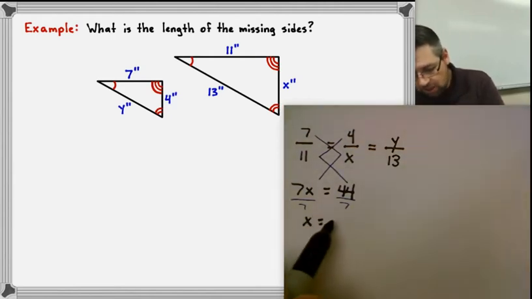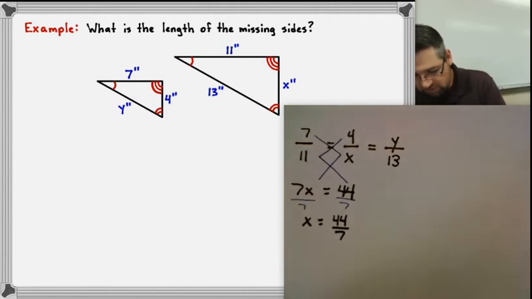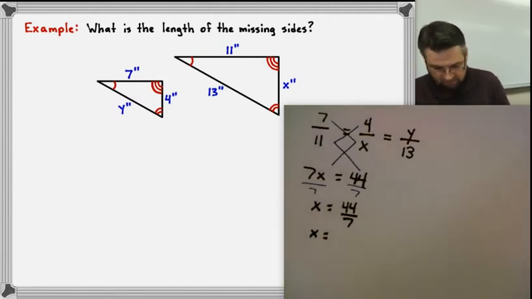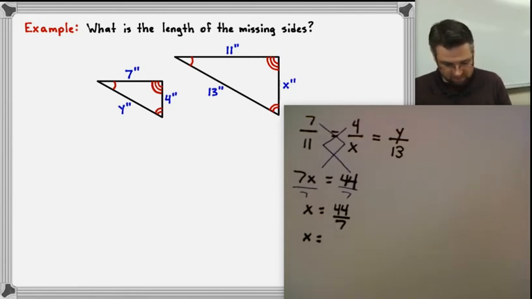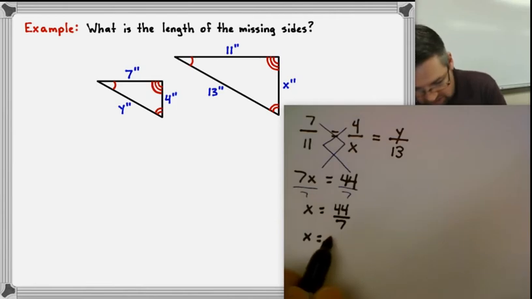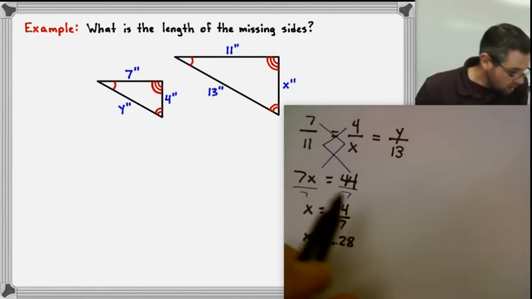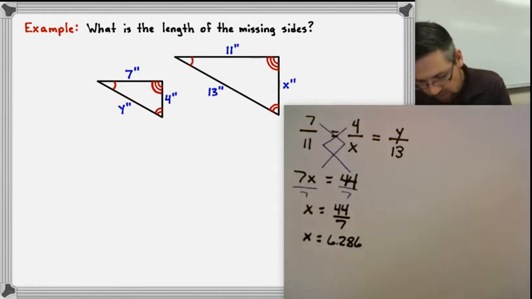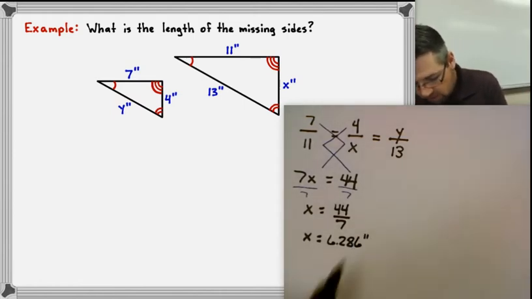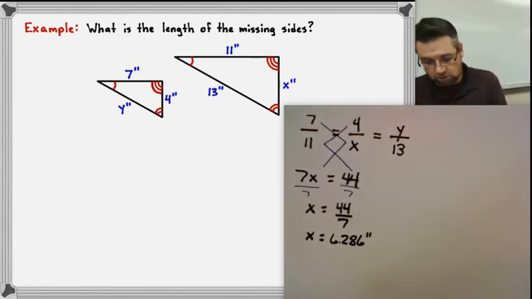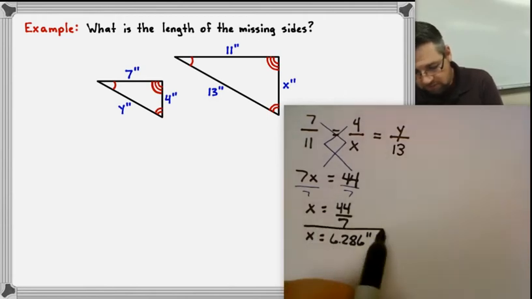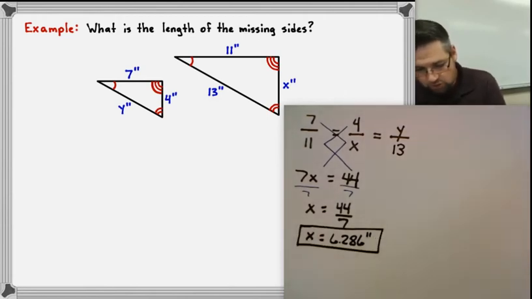In this case, I'm going to either write it as an improper fraction, 44 over 7, or I'm going to get my calculator out and say 44 divided by 7. And so I end up with 6.286 if I round that. So that would be a good value for the missing side length, 6.286.